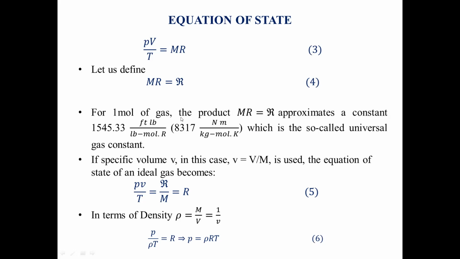Finally, the value of that universal R is approximately 1,545.33 feet pound per pound mole degree Rankine, which can be expressed in the SI unit system as 8317 Newton meter per kilogram mole Kelvin. So that is the R value. So we can express the ideal gas equation as in equation number 5 here: Pv over T is equal to R over M, which is equal to R.